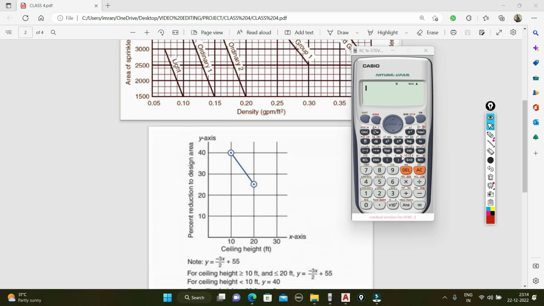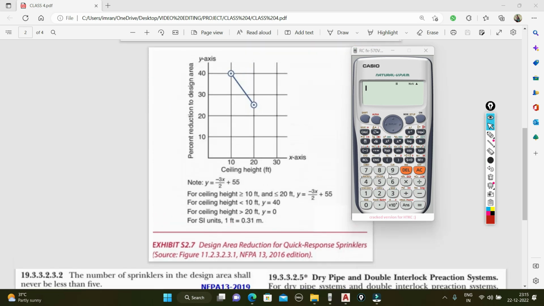Now if we are using a quick response sprinkler, its reduction will be 40%. It means 1500 minus 40%.